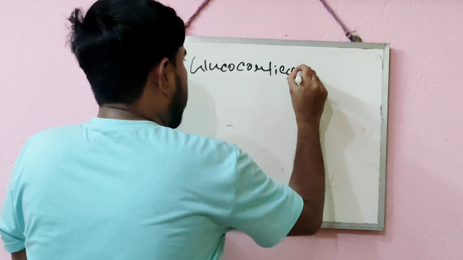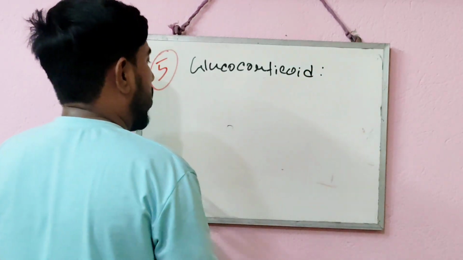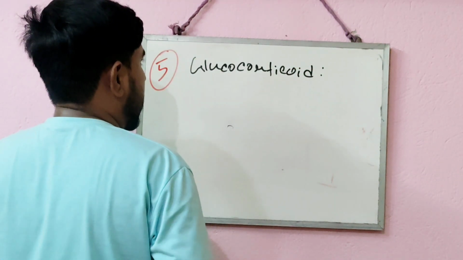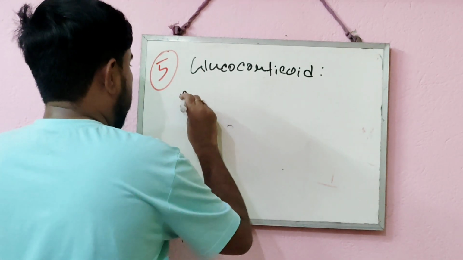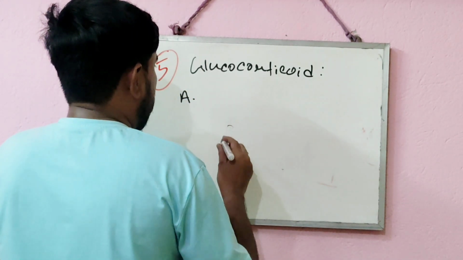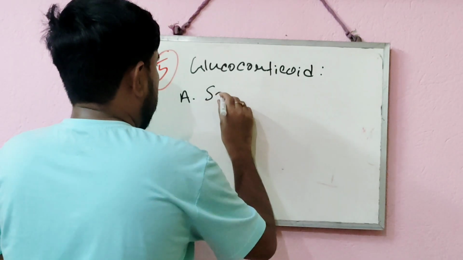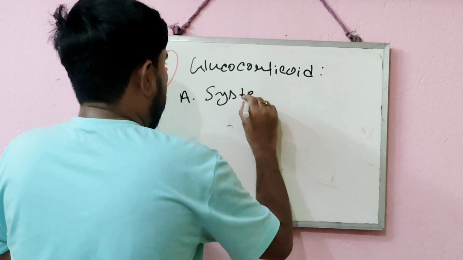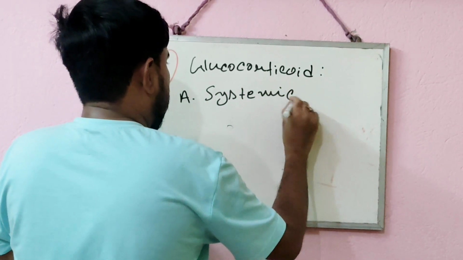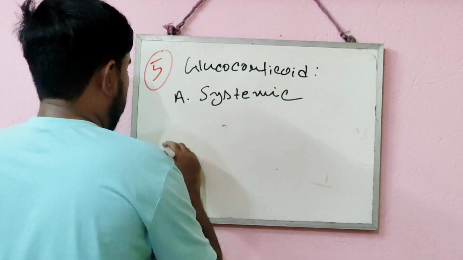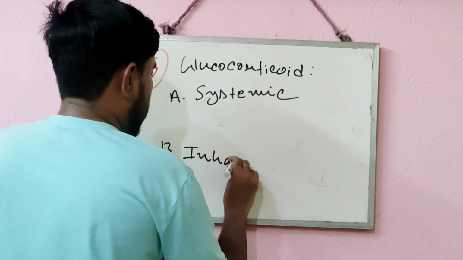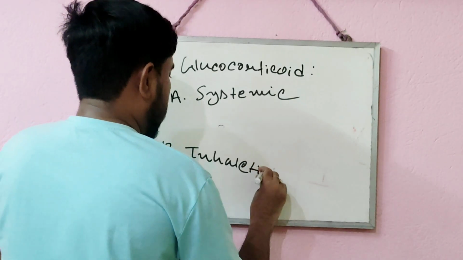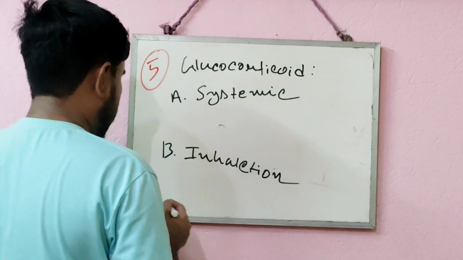In the first class, when I described the classification of anti-asthmatic drugs, I told you glucocorticoids are also classified into two subclasses. One is the drug we generally take systemically, like by oral tablets or injection, and the second type of glucocorticoid is inhaled, that means we have to take it by an inhaler.